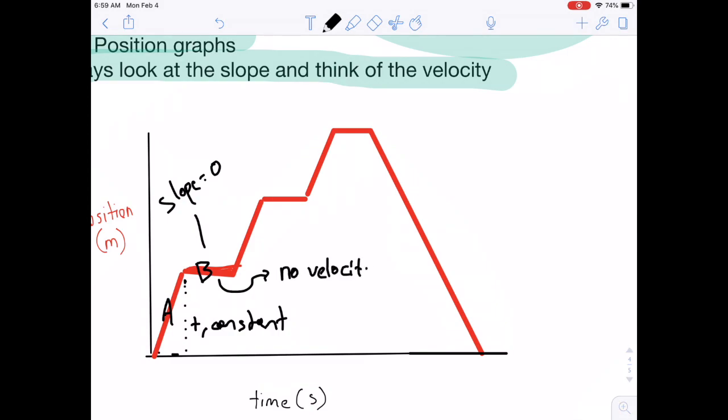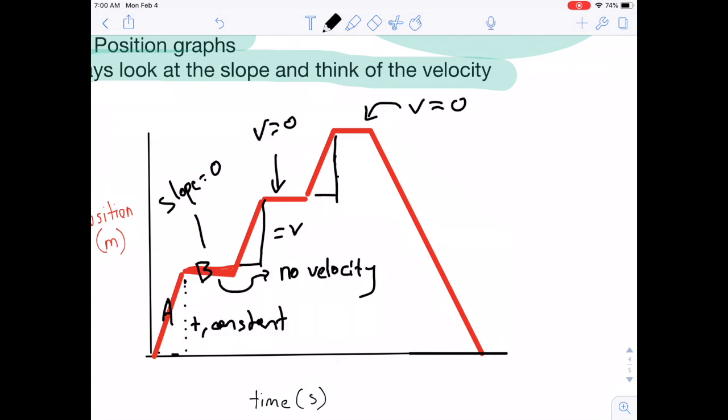Rise over run is going to be its velocity. The rise is the change in position over the change in time, which is its velocity. And right here, at the very top, he's got no velocity because there's no slope.